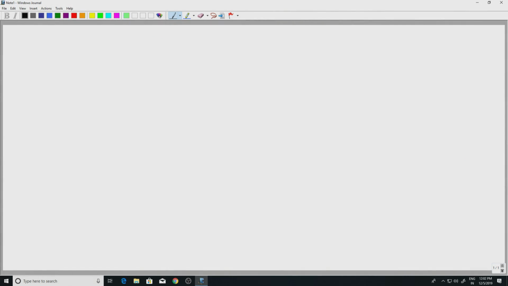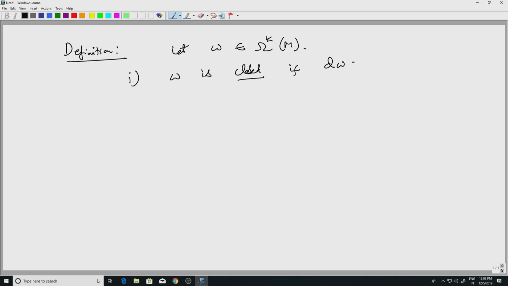So I want to talk a bit about special classes of k forms, which are especially relevant in topology. So let's make a definition. Omega is said to be closed if d omega is 0.